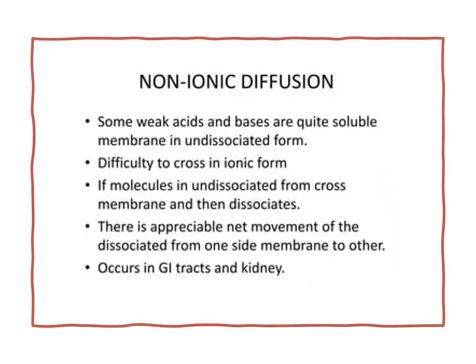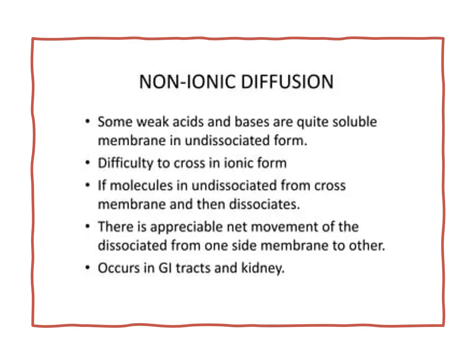Some weak acids and bases are soluble in the cell membrane in undissociated form. But when they become dissociated, it becomes difficult for them to cross the membrane in this charged form. So how do they cross the cell membrane?